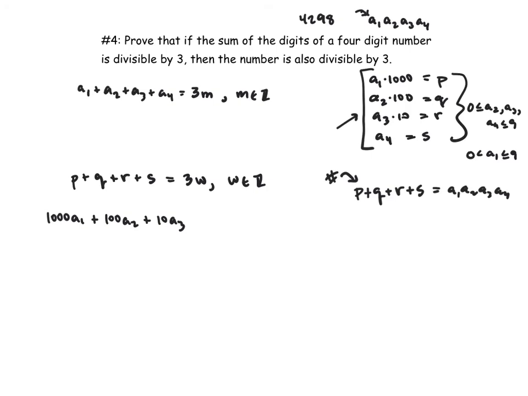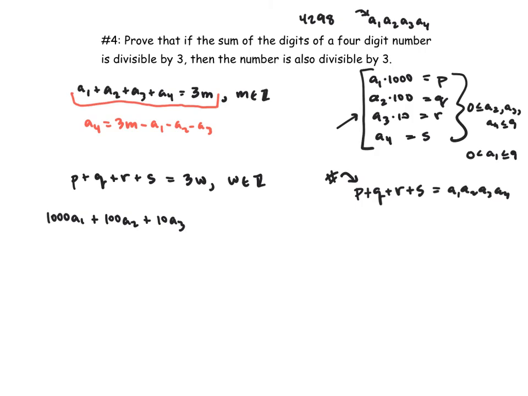What I'm going to do is use, and you'll see this is true in math induction later on, what I know. You always want to use what you know. So I'm going to say that A4 is equal to 3m minus A1, A2, and A3. Now I'm going to do a substitution in for S, which is equivalent to A4.